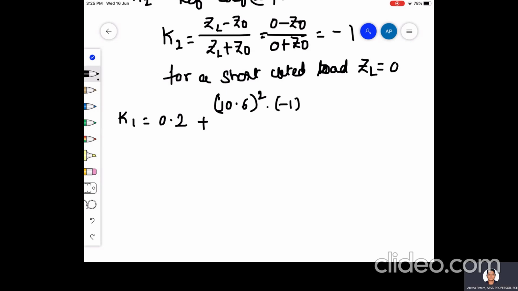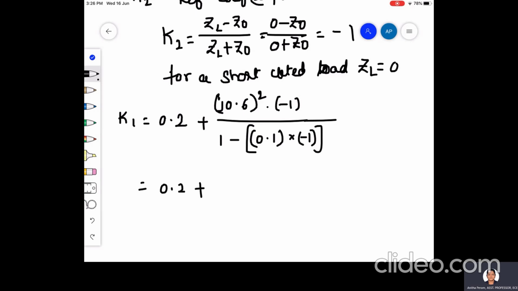K2 is minus 1, divided by 1 minus S22. The value of S22 is 0.1 at an angle of 0, so you get 0.1 multiplied with K2, and K2 is again minus 1. So if you multiply, you will get 0.2 plus, since j square is minus 1, into minus 1 gives plus 1, so 0.6 square in the numerator.